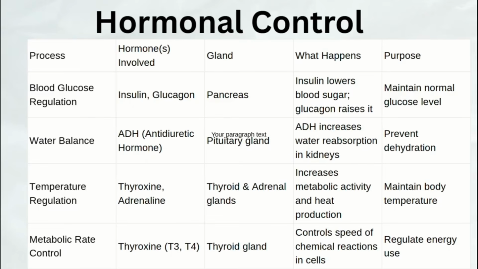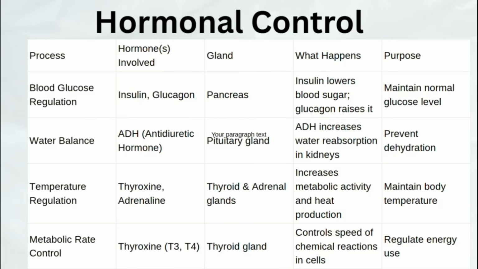Thyroxine and adrenaline both help to regulate temperature. It involves both the thyroid and the adrenal glands. It increases metabolic activity and heat production, and overall maintains homeostasis. So basically, for all of these processes, the goal is simply to maintain overall homeostasis. Even if it's a different process, the goal is always homeostasis.